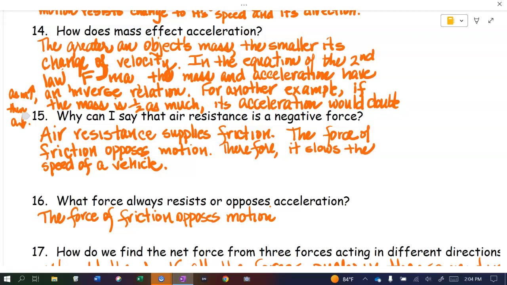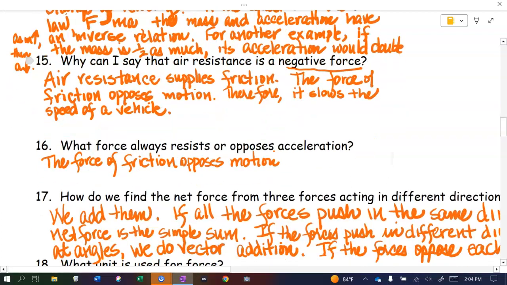It causes the car to slow down, and that means you don't cover as many miles in the same amount of time or on the same gallon of gas. The force of friction opposes motion, therefore it slows the speed of a vehicle. And so you have to say that it's a negative force.